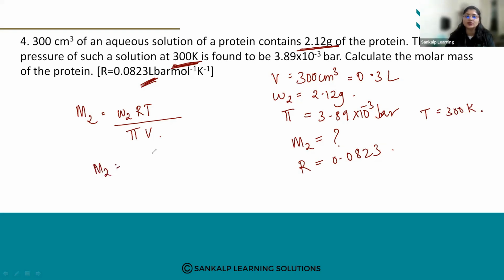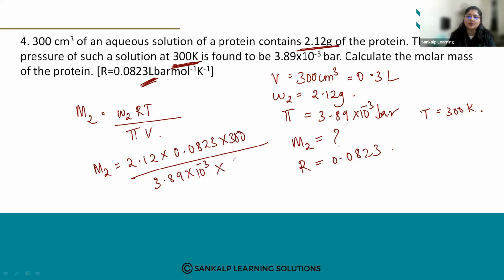Just see, M2 is equal to W2 which is 2.12, R which is 0.0823, temperature 300 Kelvin, divided by pi which is 3.89 into 10 raised to minus 3, into volume 0.3. Yes. Now see what answer you are getting.